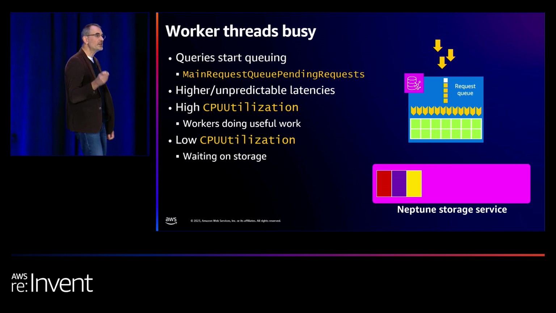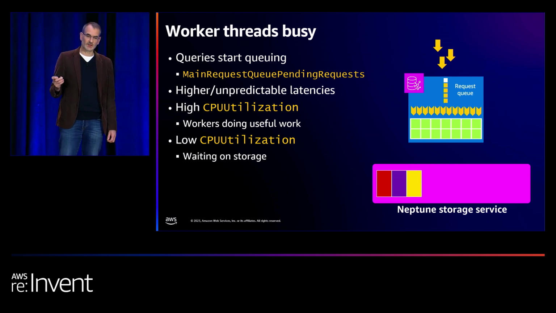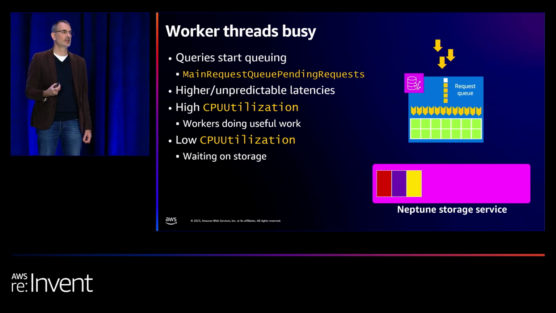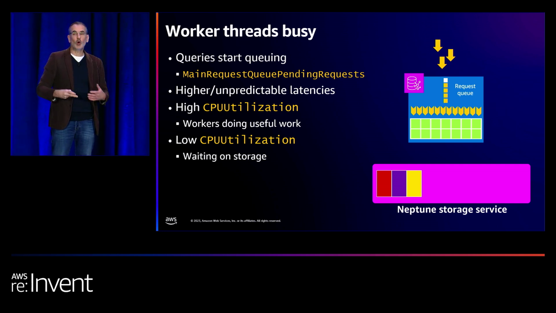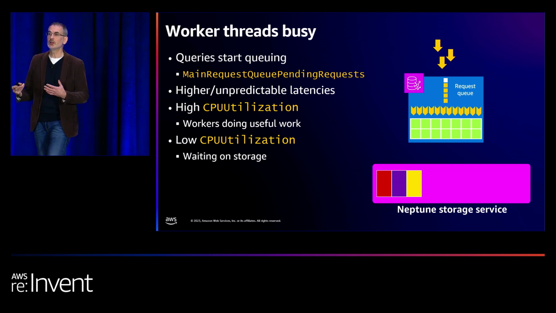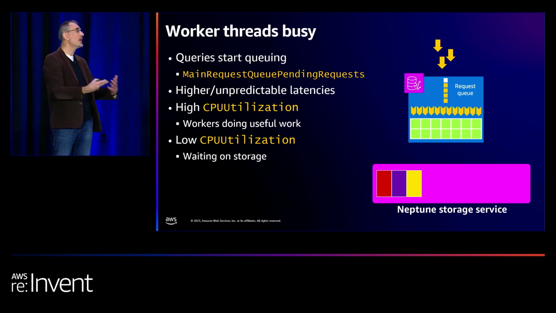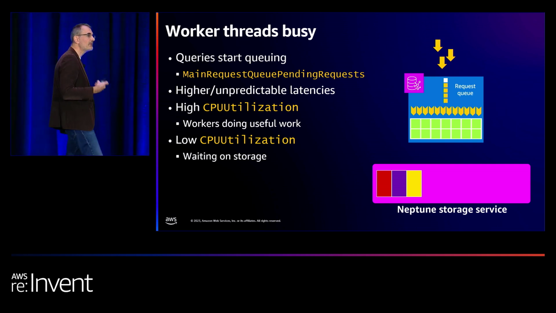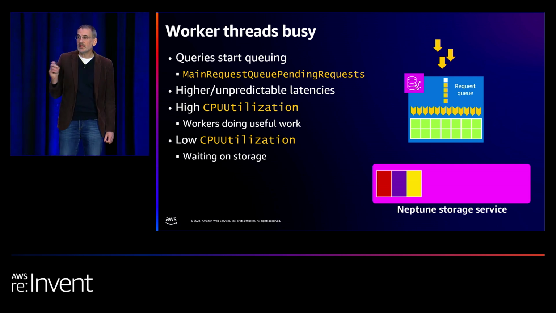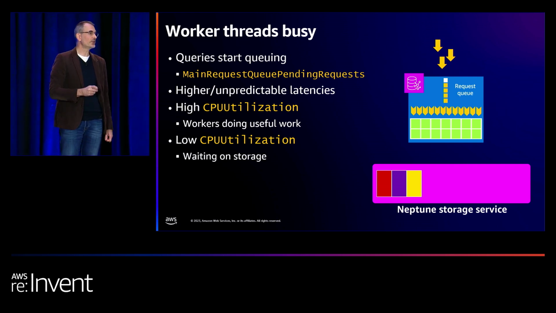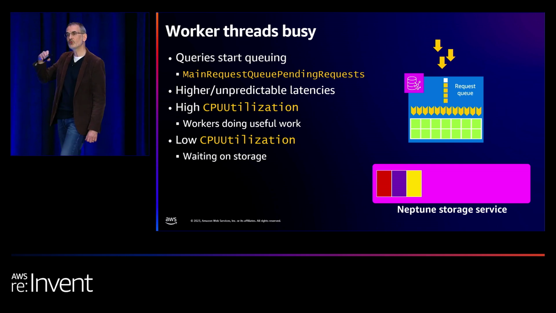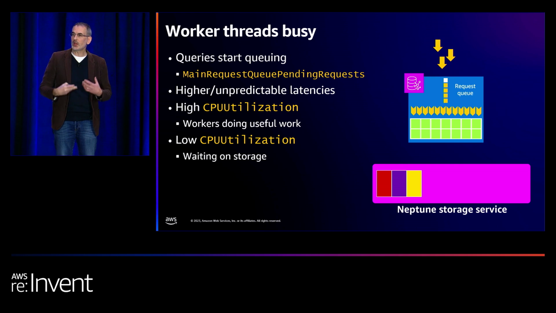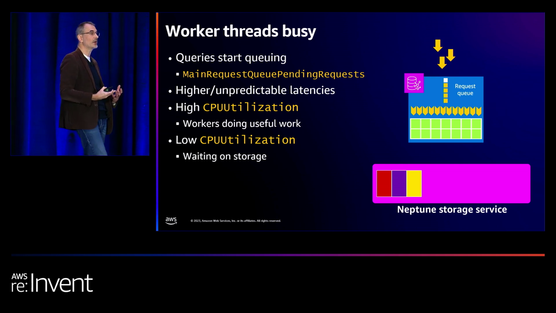You can monitor the depth of that server-side queue on each instance using the MainRequestQueuePendingRequests CloudWatch metric. And if that is frequently or always above 0, then it's likely you're sending more work to the cluster than it can deal with immediately. If that's the case, then have a look at the CPU utilization metrics on those instances. And if those metrics are really high, 80, 90% or more, then it's likely that all of those worker threads are busy doing useful work.